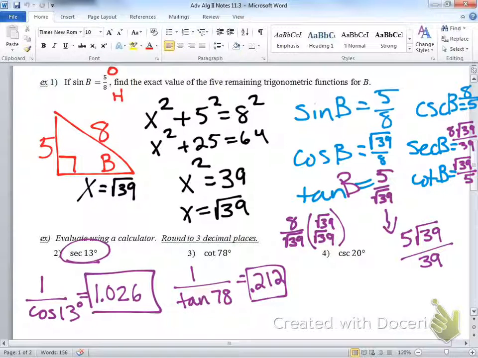And then the last one, this goes with sine. So 1 over sine 20 degrees. That's 0.213 if you're rounding. What comes after the 2? A 3 now. Sorry about that.